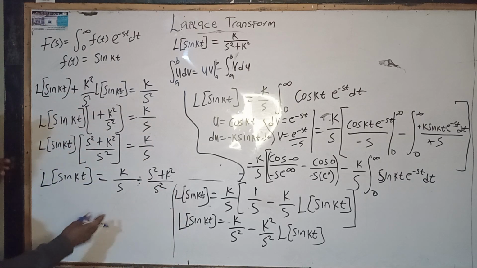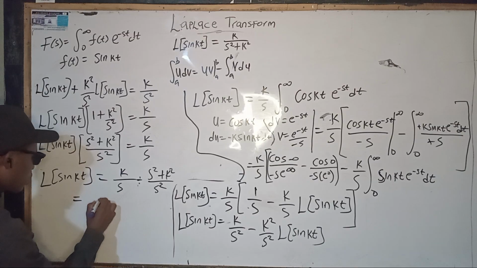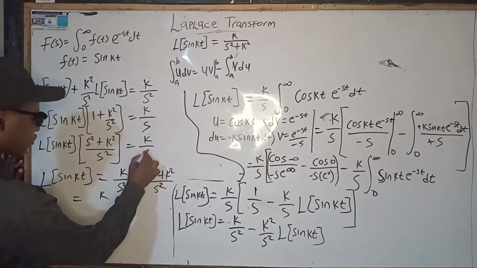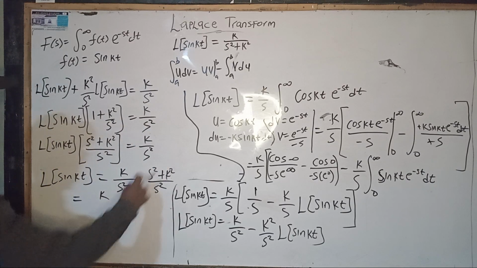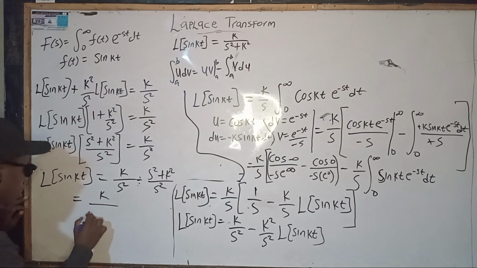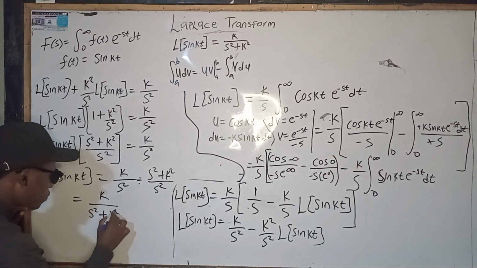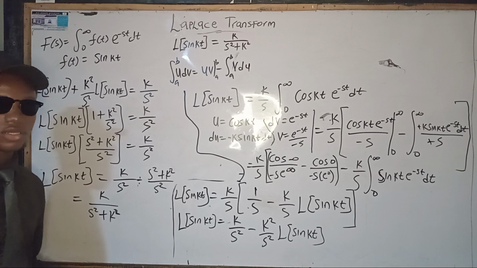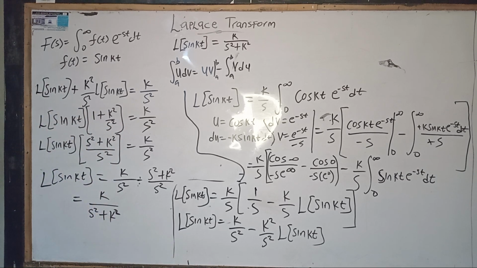And this here is going to eventually give us Laplace transform of sine kt. Let's not forget the s square here. The s square here divided by the s square here, we are going to be having k over s square plus k square. Right. This is going to be giving us this over here. So thank you very much.